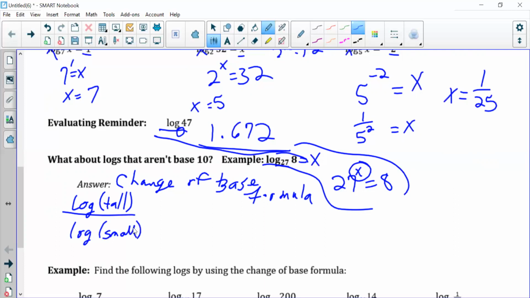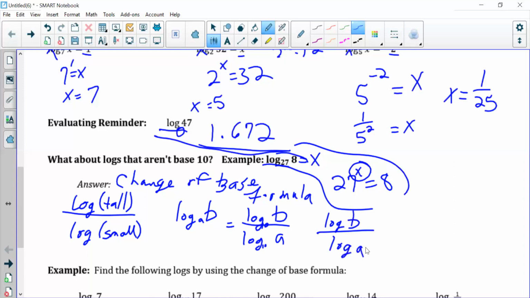Which means that for the log base A of B, we're going to plug it in as the log base 10 of B over the log base 10 of A. Remember, we're not writing a base. So we just write log B over log A. All right, so log of the tall over log of the small.